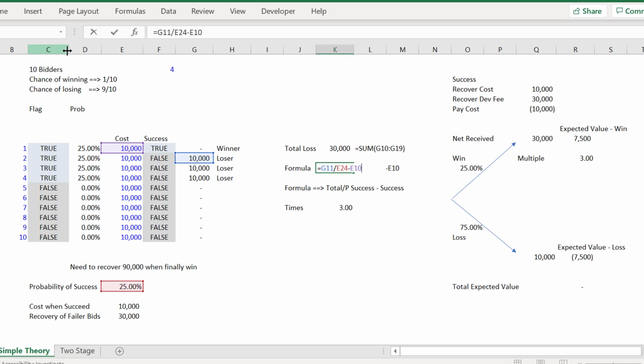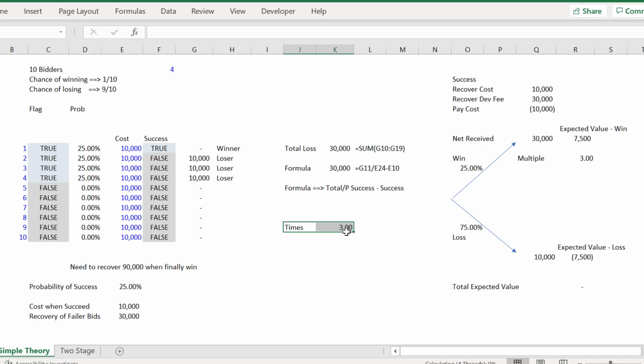You divide it by the probability of success. That's over here. But then you have to also subtract the success because you're going to recover that when you win. All right. And then you can put up here, see, I need to explain this a little bit better. This is the development cost.